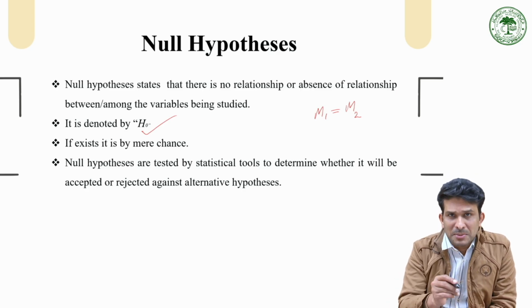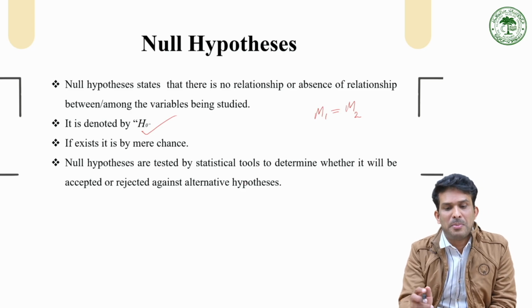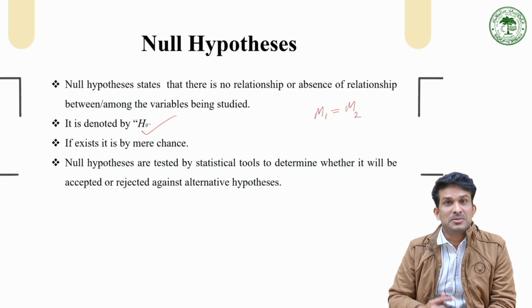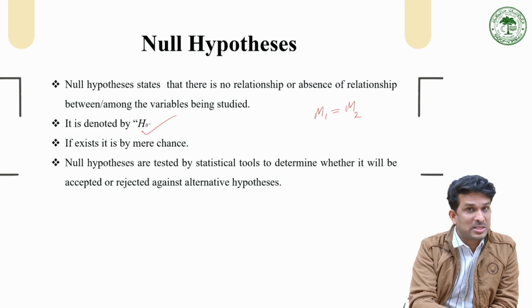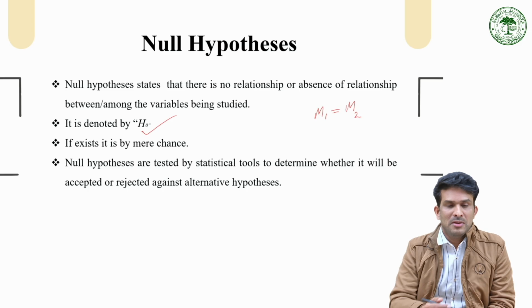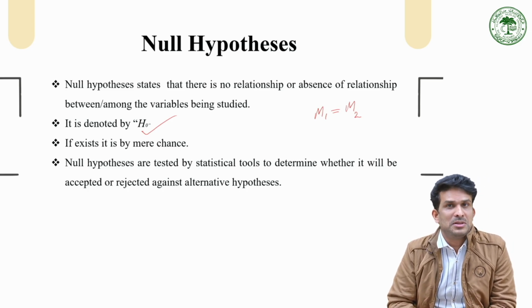Null hypothesis, let me read whatever is written in the slide. Null hypotheses are tested by statistical tools to determine whether to reject it. The term accepted, we never use when we write the null hypothesis. When I talk about null hypothesis, I can mention that accept.